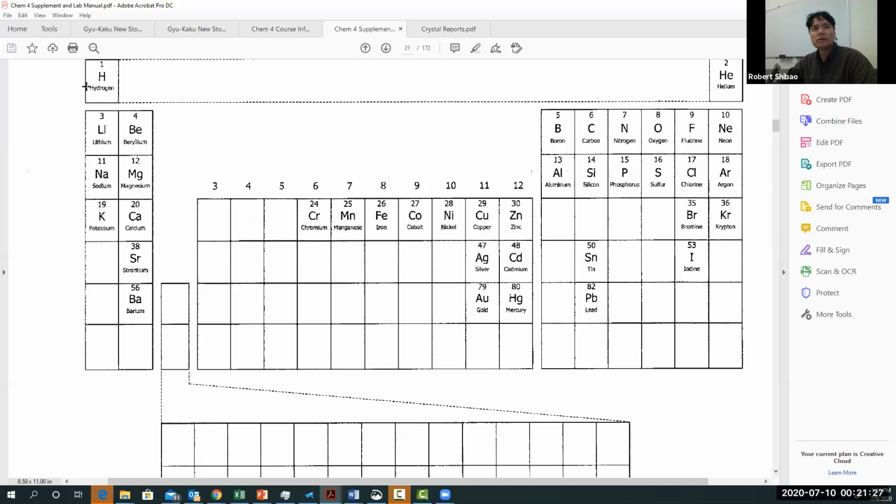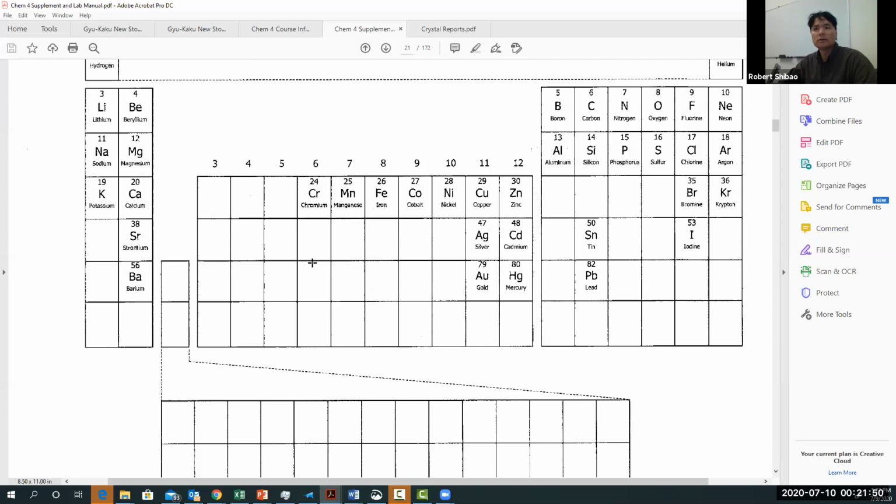So I want you to know the first 1, 2, 3, 4 rows, and then some others in here. We need to know, what was the little L shape there? Zinc, cadmium, silver, that's a little island. Tin, lead, that's pretty important. Xenon was pretty important. So I already wrote those on there.